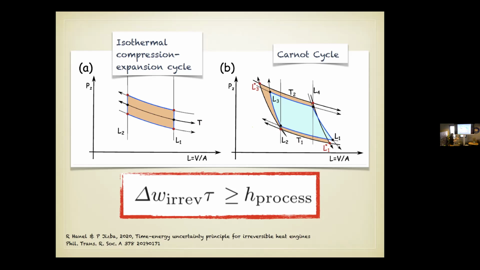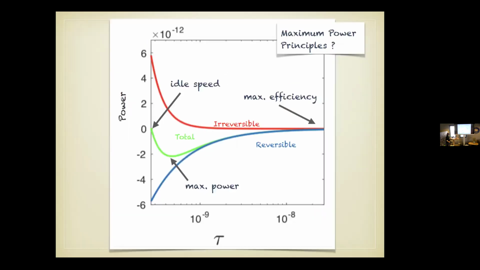The Carnot process is a little bit complicated because for the adiabatic formulas you have to do some little work there, which I don't do here. In the end, in both cases, you end up with such a formula: the amount of irreversible work times the cycle time is larger than a process.